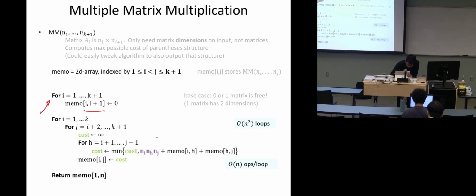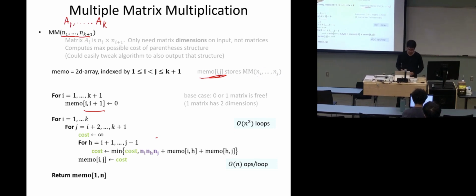Let's say I want to multiply matrices from a1 up to ak, right? Here there are actually k plus 1 numbers that describe this problem, and this is the memo of i and j, when you recurse and start from ni and end at nj. Okay.